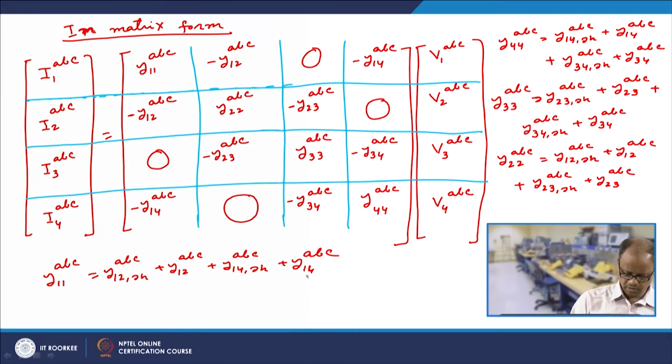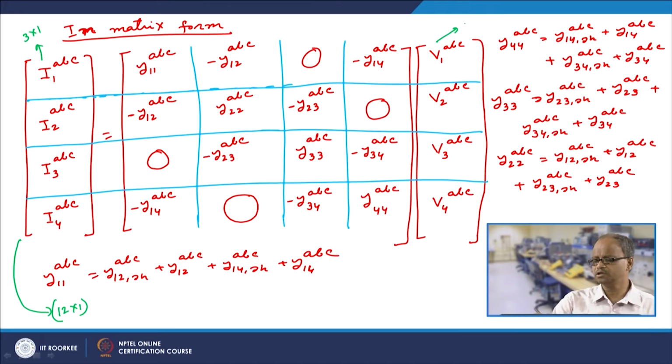Now let us look at certain other details. Each of these is 3 cross 1, so the total is 12 cross 1. Similarly, each of these is 3 cross 1, so this is 12 cross 1.